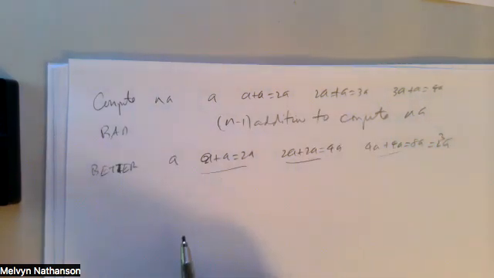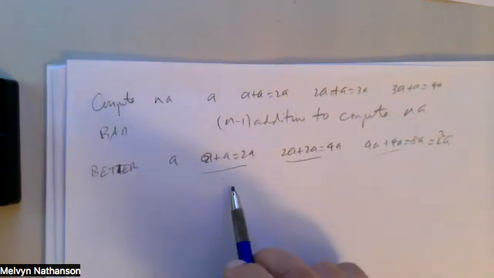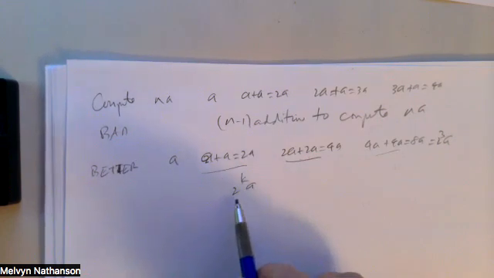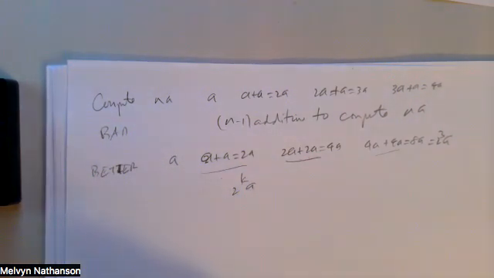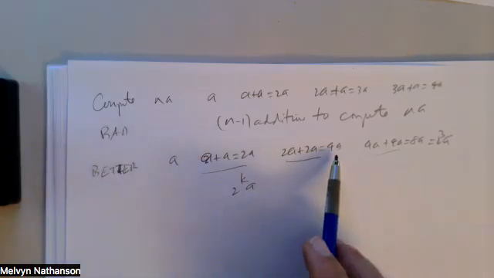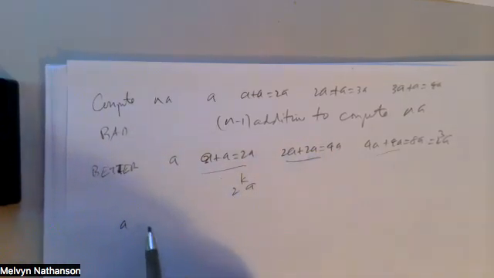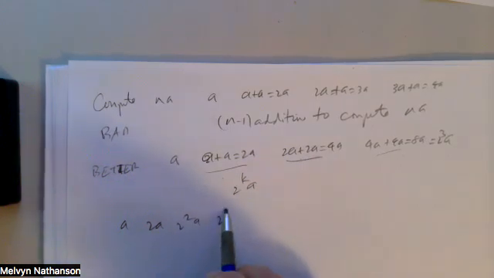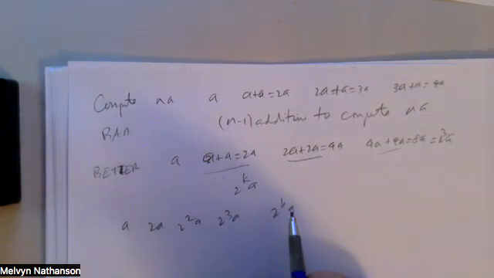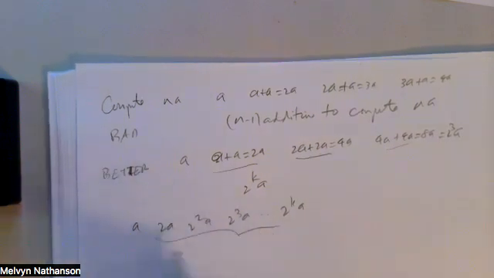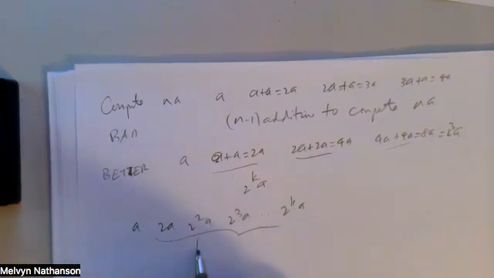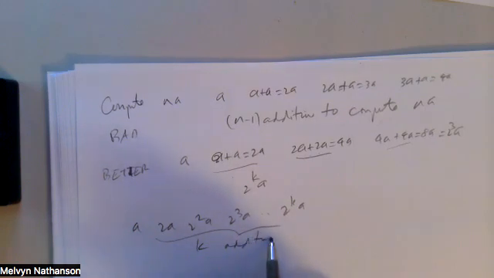So in general, if I want to get all the multiples of a by powers of 2: a, 2a, 2 squared a, 2 cubed a, up to 2 to the k a, each of these is one addition, so it's going to be k additions.